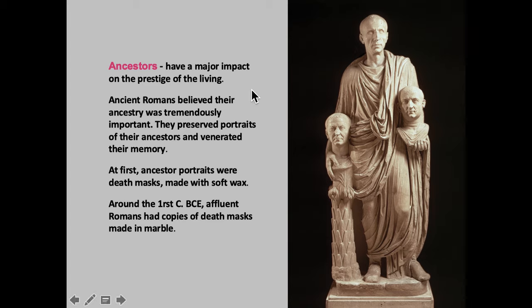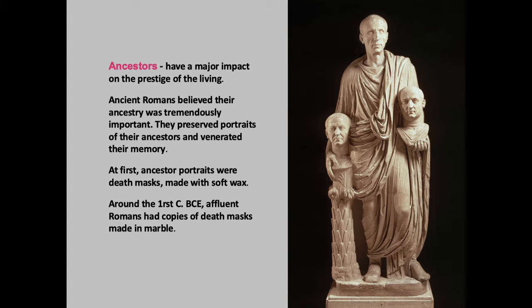So ancient Romans believed that their ancestry was tremendously important. They're very focused on this, and they preserved portraits of their ancestors and venerated their memories. So at first, ancestors' portraits were death masks made with soft wax. That's a practice that has some current context. People make masks, sometimes with clay or wax, once somebody passes away.